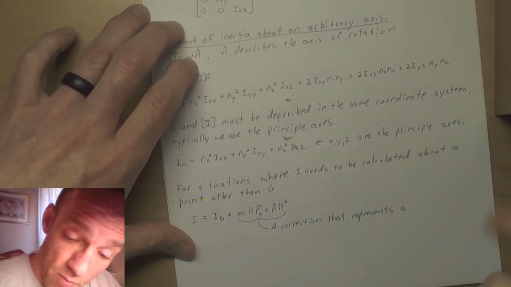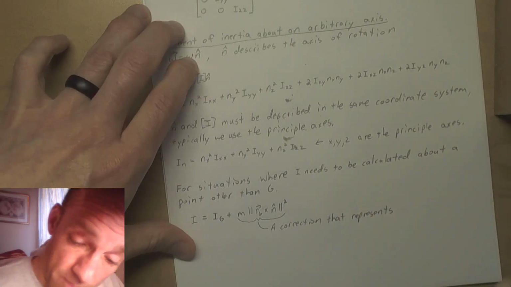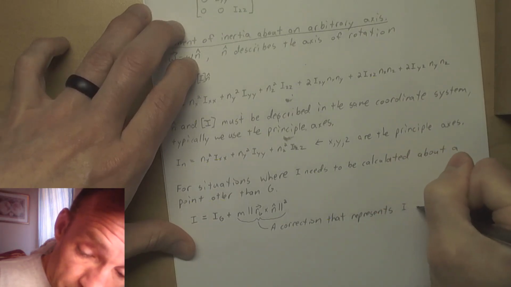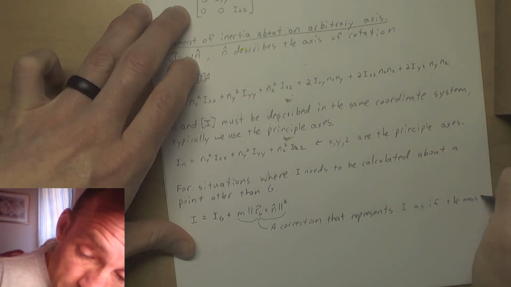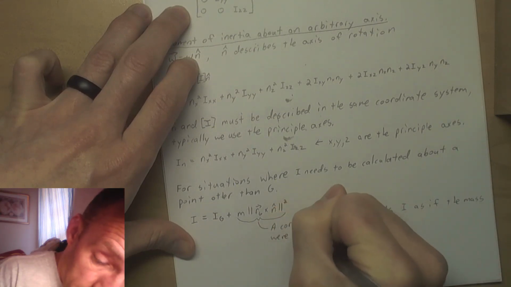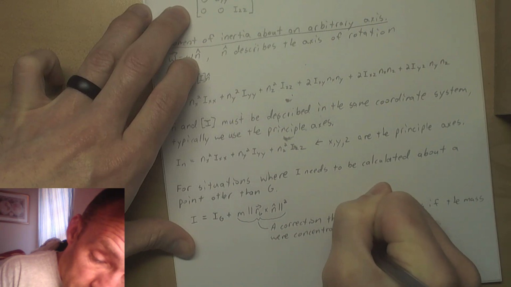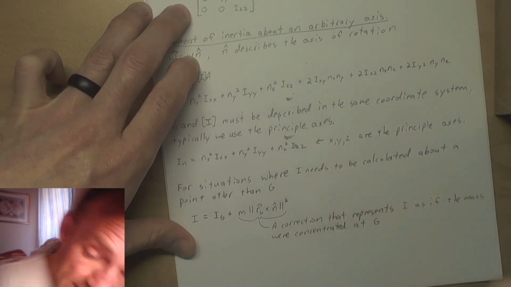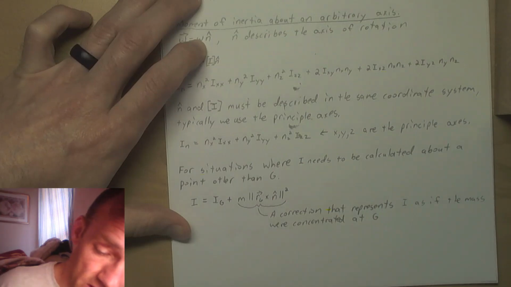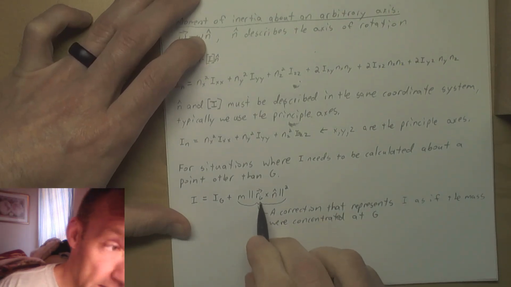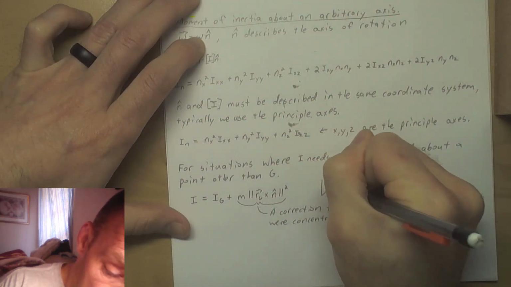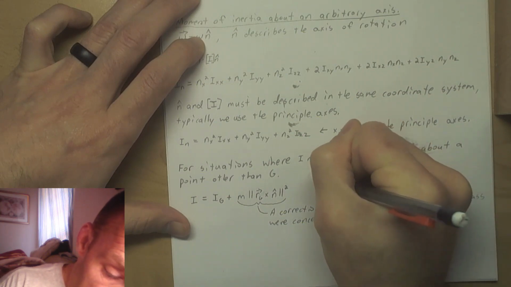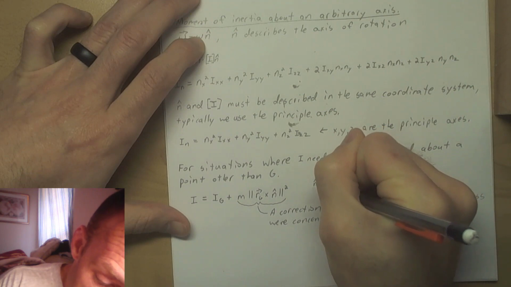So it represents R_G cross n. It's not really complicated, all this represents is, if this is R and this is n, the perpendicular distance.